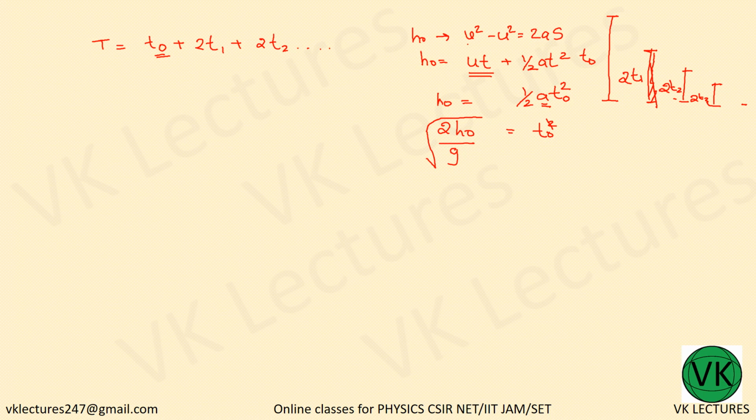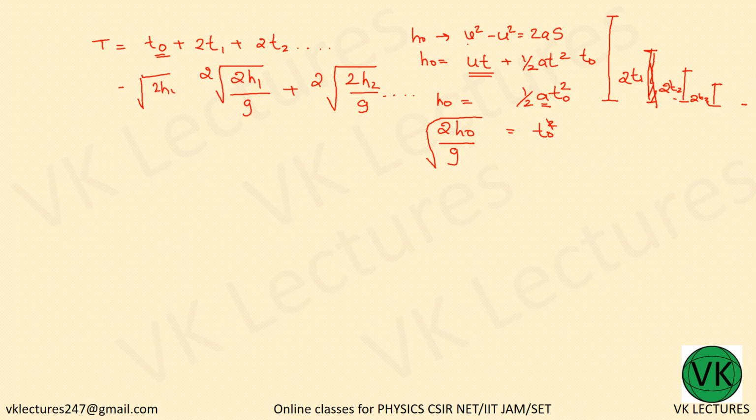Now similarly 2 times t1 will be 2 into root of 2 h1 divided by g, plus 2 under root 2 h2 divided by g, and so on.